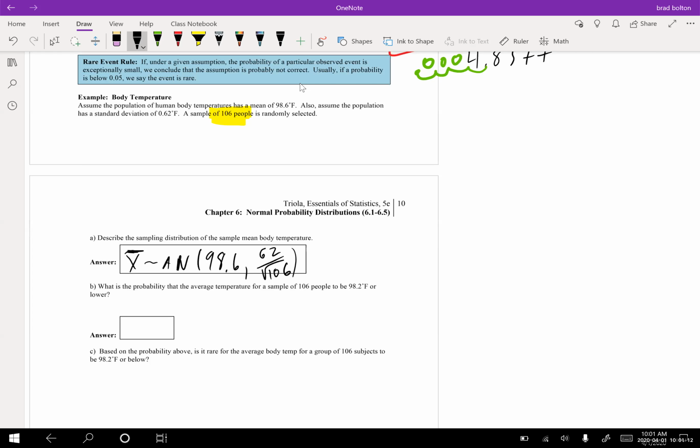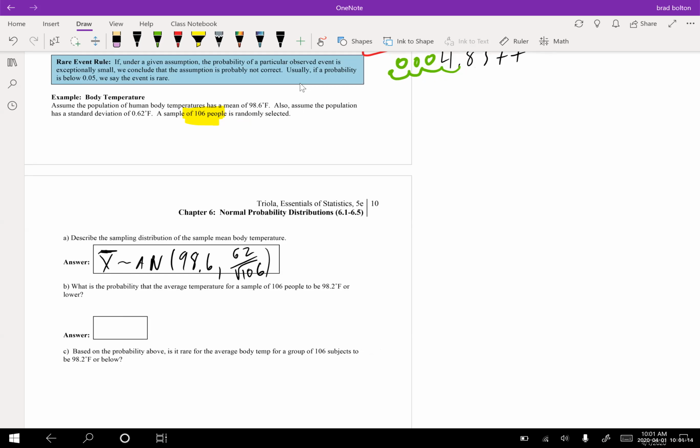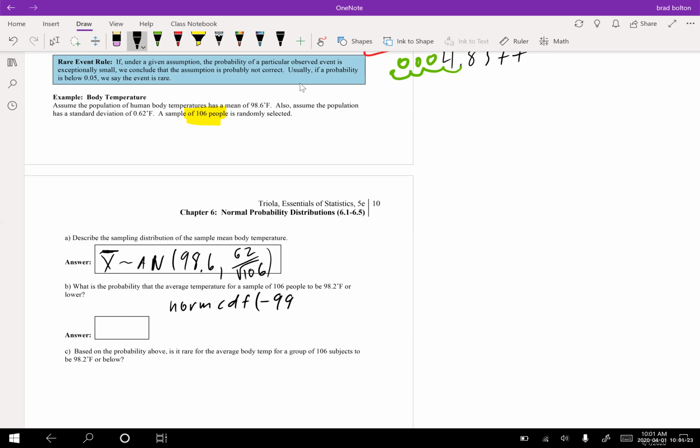So we're going to do normal CDF, and we're going to go negative 99999, comma, 98.2, what they asked. The mean is 98.6, and we have a standard deviation of 0.62 divided by the square root of 106, because we have a sample size of 106.